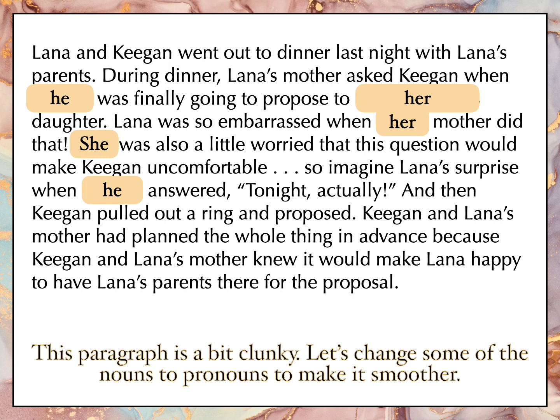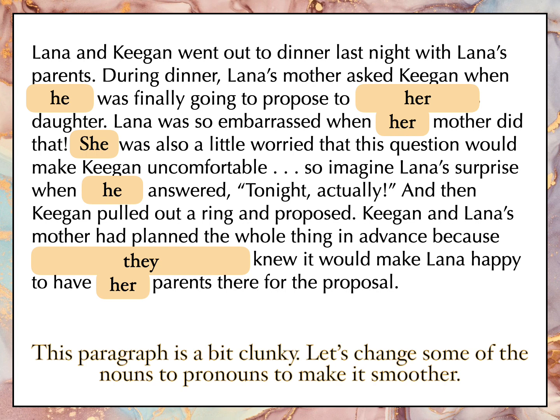They're the plotters that put this whole thing in motion. But we don't need to repeat their names again later in the sentence. Now that's 2 people, so we want a plural pronoun. So they knew it would make Lana happy. And we don't need Lana and then Lana's parents. That's repetitive. So let's do her parents.